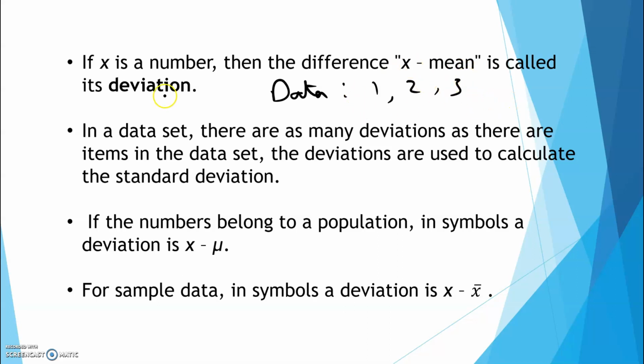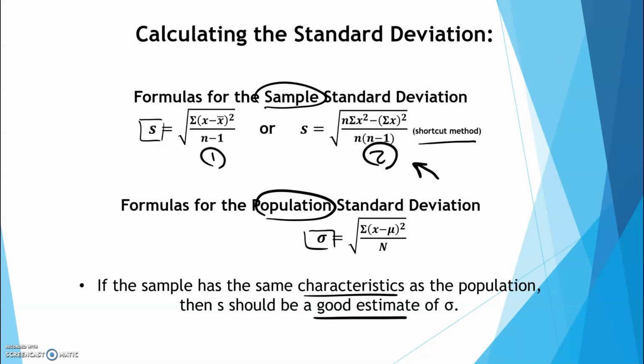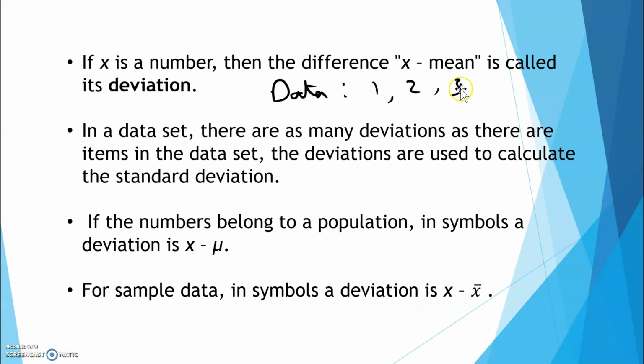Each one of those would be a deviation, which you see a deviation right here. Here's a data value minus the mean. Here's a data value minus the mean. Each one of those is called a deviation. So I had 3 numbers in my data set, so I would also have 3 deviations. There are as many deviations as there are items in your data set, because you're taking each one of those data values and subtracting them from the mean, and that's called a deviation.